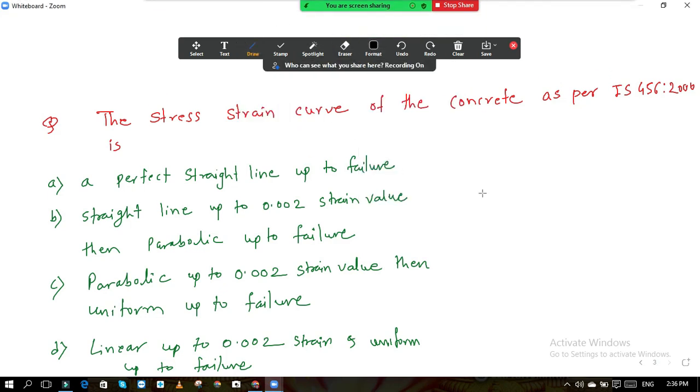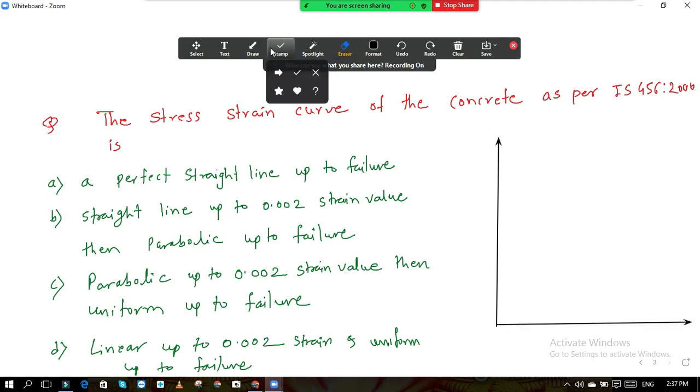Okay, so I will draw here the graph so you will understand. This is the y-axis and this is the x-axis. Okay, then how is the graph? I will draw the graph.